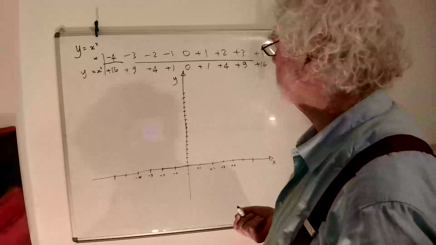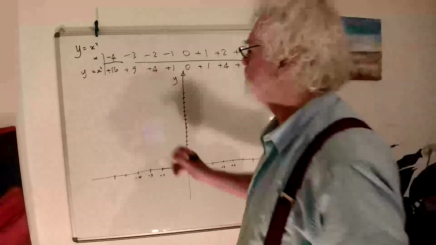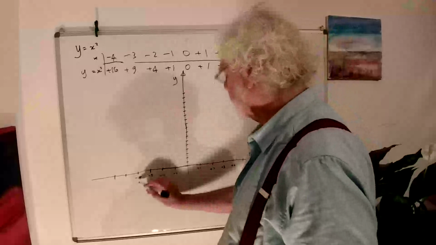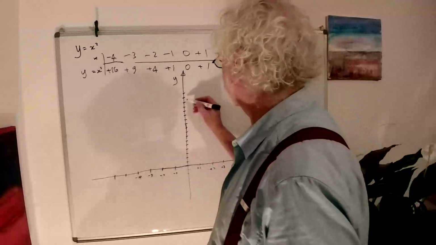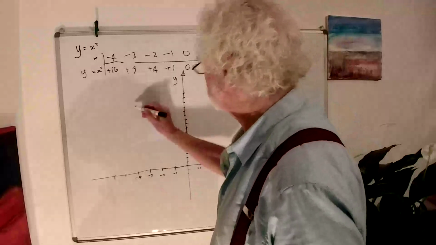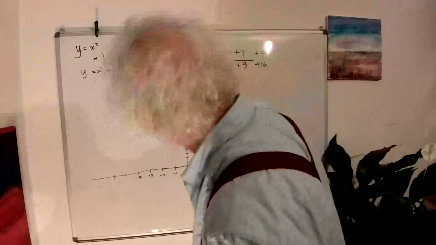Pretty sure of that. So, when x equals minus 4, y equals 16, which was this one, if you remember. So it comes here somewhere. Let me have a look. There.